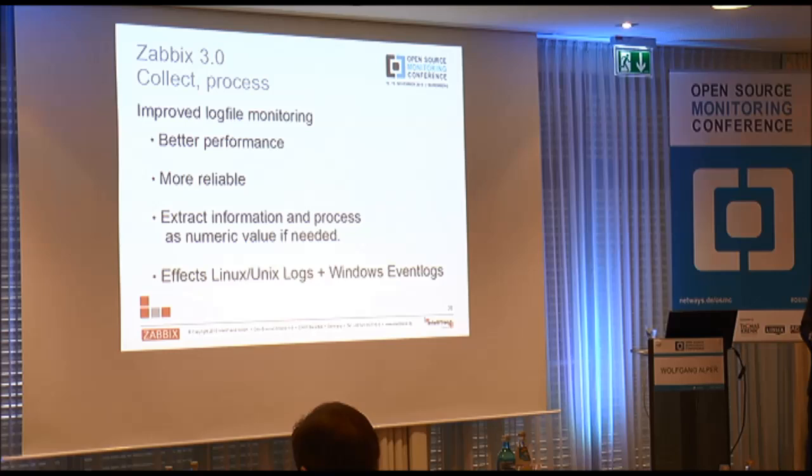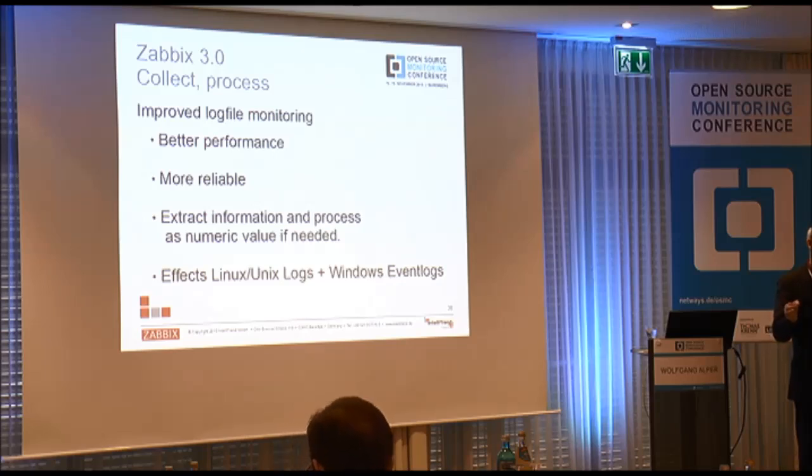Then the log monitoring in 3.0 allows you to define a regular expression, and then you can extract, for example, a numeric value out of this log line and just save this numeric value as an item instead of the entire log line, and then create a trigger condition on it.